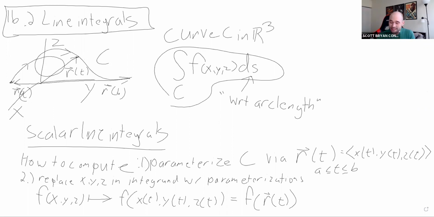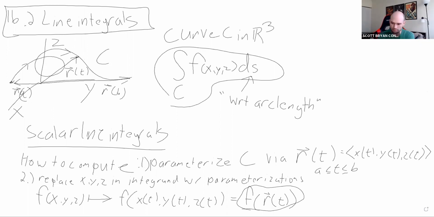So keep in mind, this f of R of t doesn't literally make sense, because f is a function of 3 variables. You're plugging in a point, x, y, z, from R3. Here, this is saying we're plugging in a vector, x of t, y of t, z of t, into the function, which doesn't literally make sense, but it's a convenient shorthand. And that stands for the point x of t, y of t, z of t, rather than the vector.